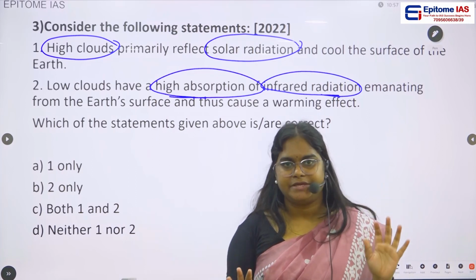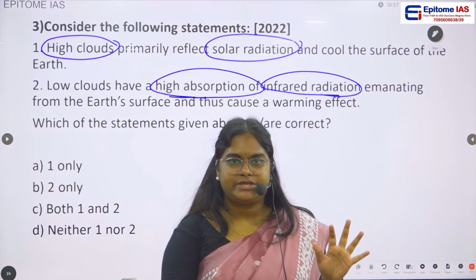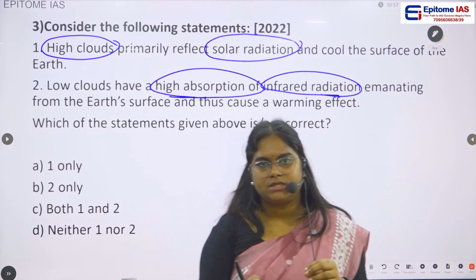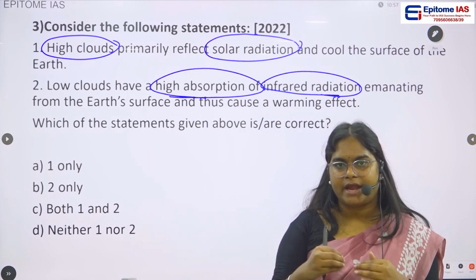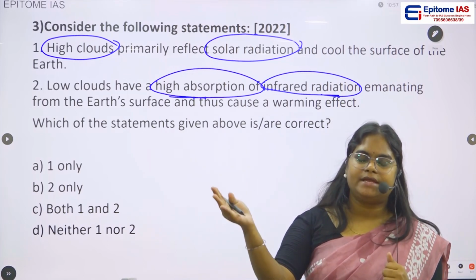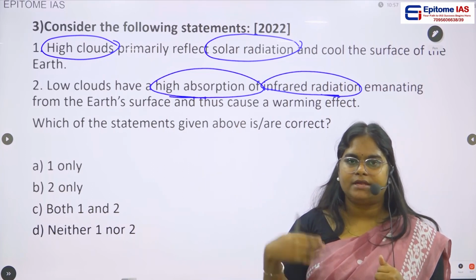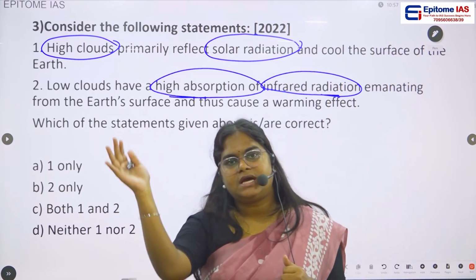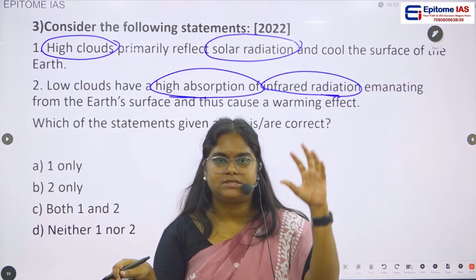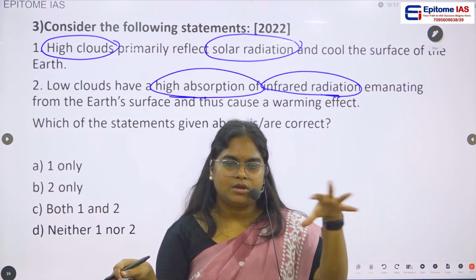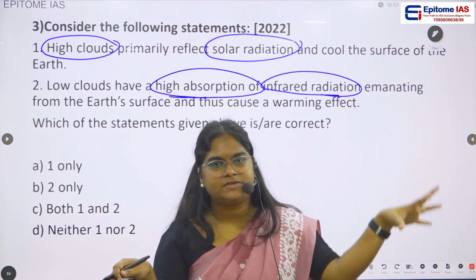Okay, it was in general, but if you see in particular, majorly you can categorize the clouds into the high clouds and the low clouds. High clouds are the clouds which are present in the higher altitudes, higher heights, and low clouds are clouds which are present in the lower atmosphere.